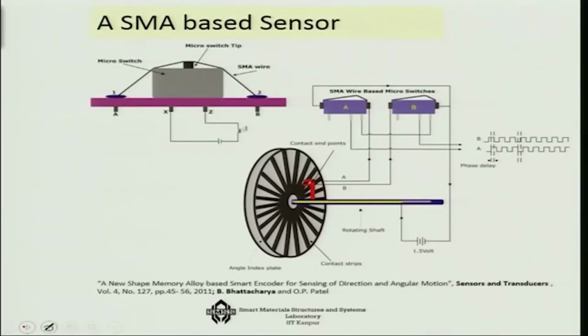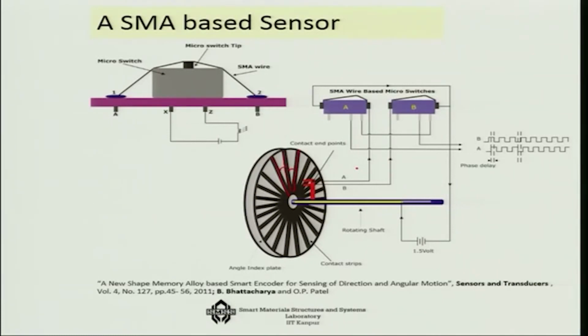One very interesting application of SMA is in the form of an SMA wire-based sensor that we have developed. So what you do here is you take a kind of angle encoder where you have these contacts, which are conductive, and these angles are drawn with a known angle. Now these two pins are touching the system and you are passing current through the SMA wire.